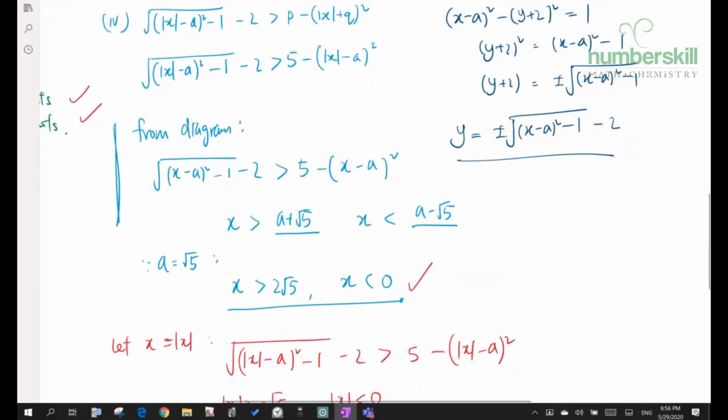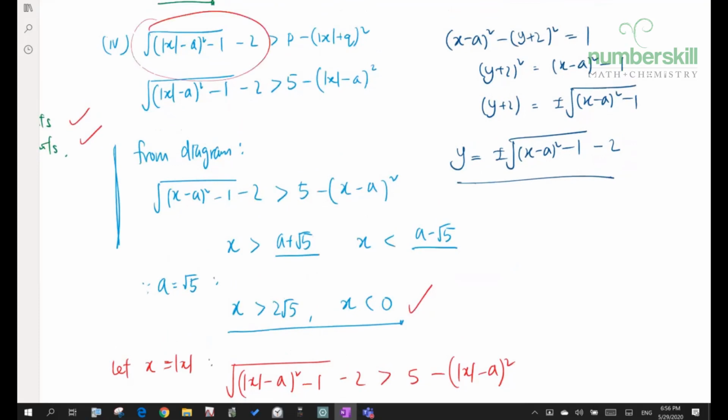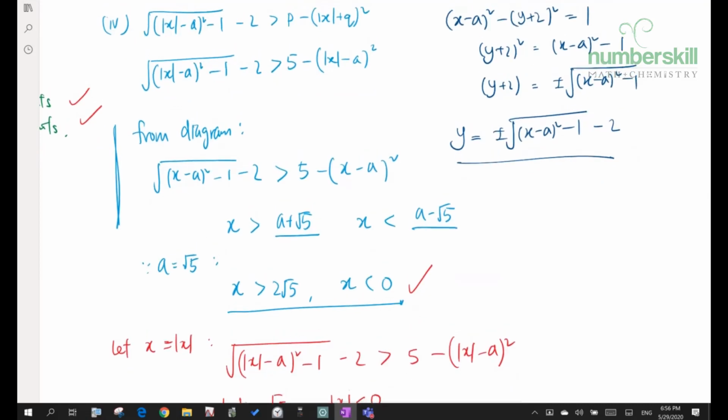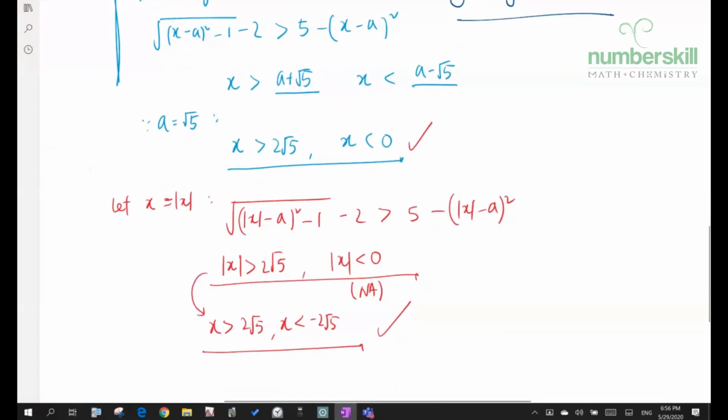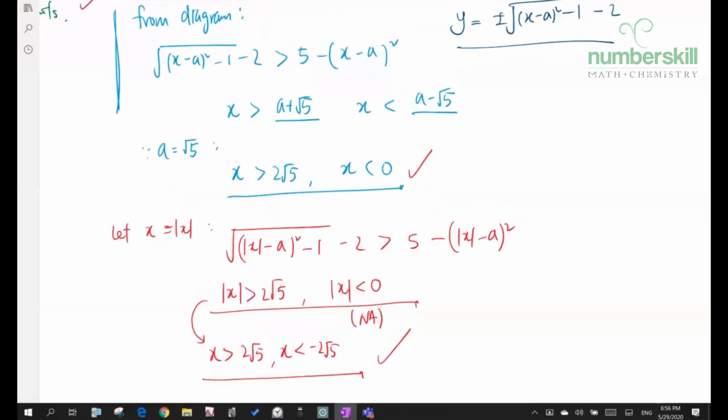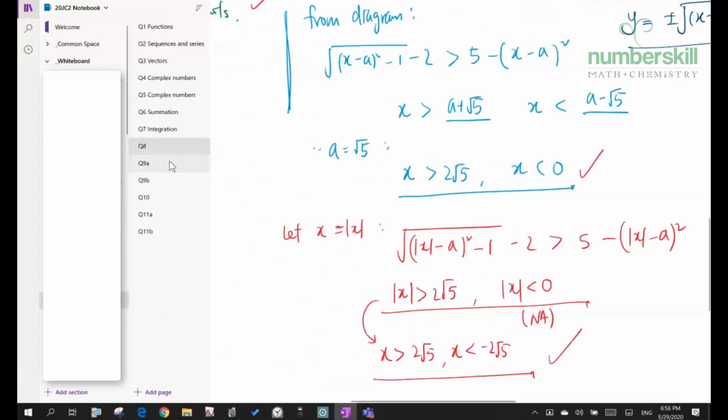But the harder thing is to realise that this is actually the hyperbola. You probably just have to have the sense that it has to be the hyperbola, otherwise it's not linked at all. Okay, cool. So there you go. And of course, once you figure out that one, then use the graph to help you solve the answer, but then you still need a substitution for your inequality to work. So this is a rather long one.